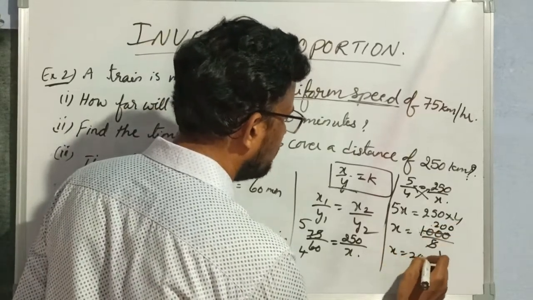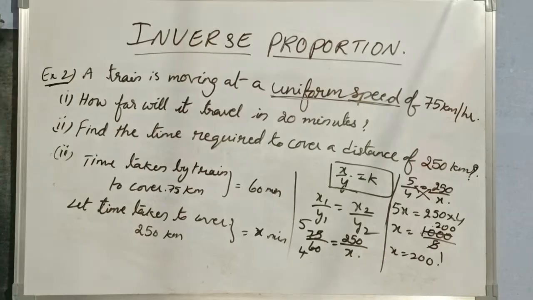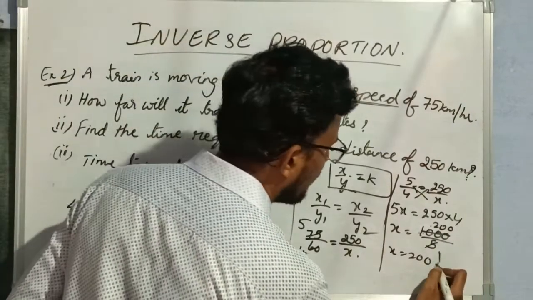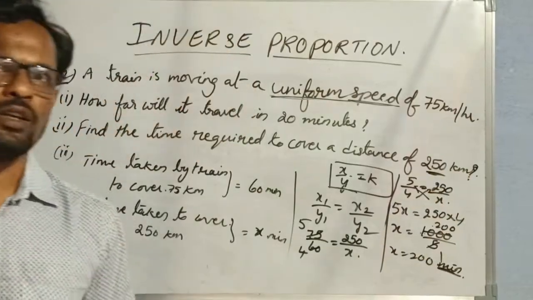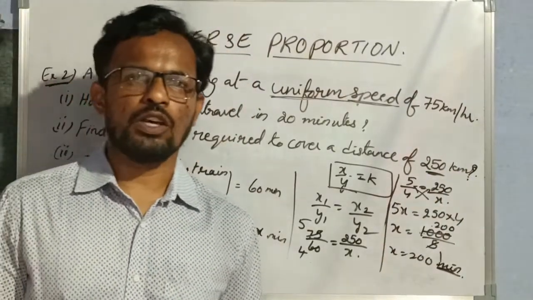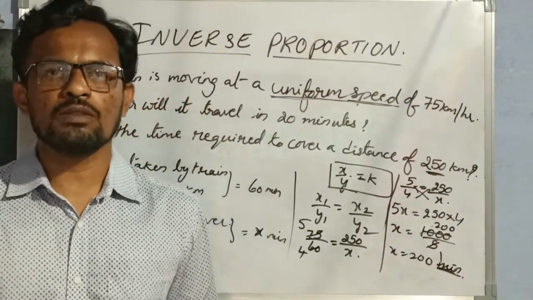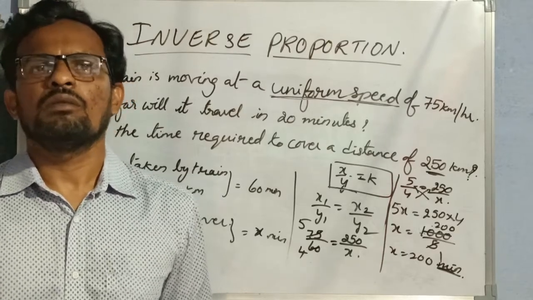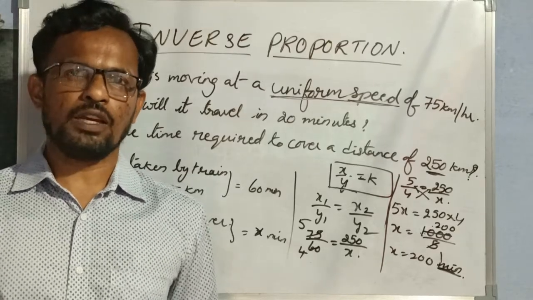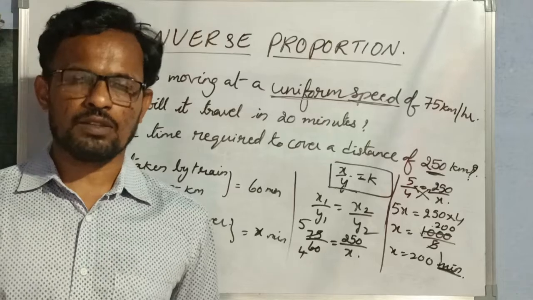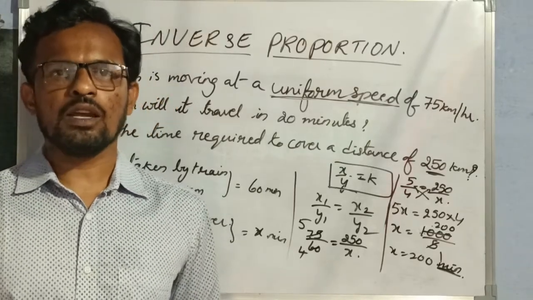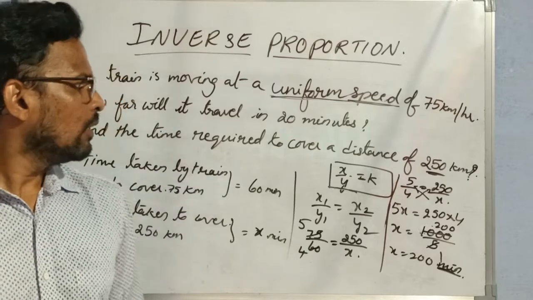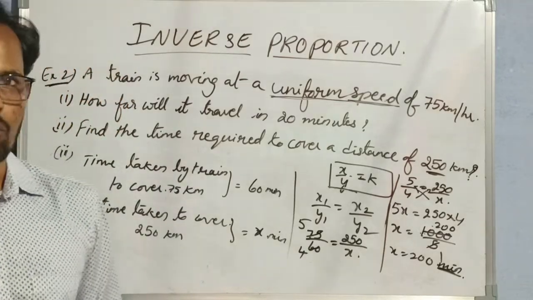So x is equal to 200. So how many minutes is it taking now? 200 minutes to cover a distance of 250 kilometers. So 200 minutes means 180 minutes is 3 hours, and 20 minutes as it is. So the total is 3 hours 20 minutes. Clear? So that is the solution of this problem.